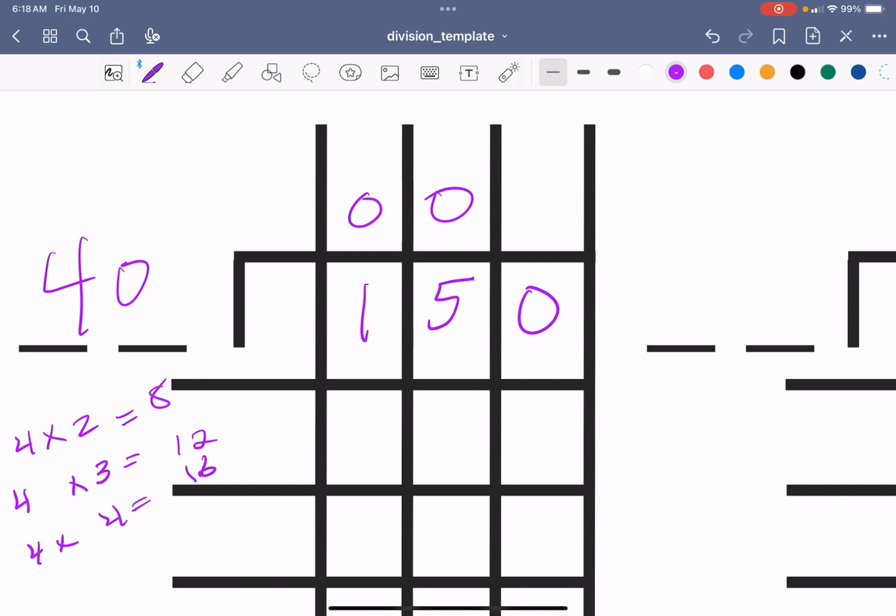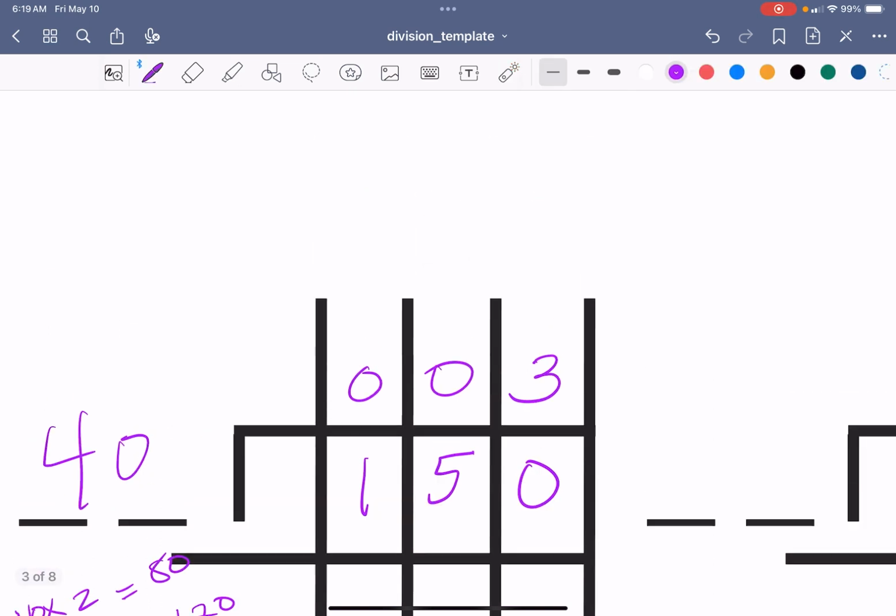If I put a 0 here, this becomes 80. If I put a 0 here, this becomes 120. If I put a 0 here, this becomes 160. So the one that's closest is 40 times 3, which is 120, because I can't do 40 times 4 because that's too big. It gives us 160. So I'm going to put my 3 here.